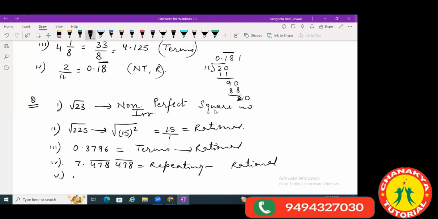Then we have 1.1010010001, and this is repeating, but the sequence is not the same, so it's not repeating in a uniform way. This is non-terminating and non-repeating, because here it is 1, 0, here 2, here 3, here 4. So this is irrational, right?